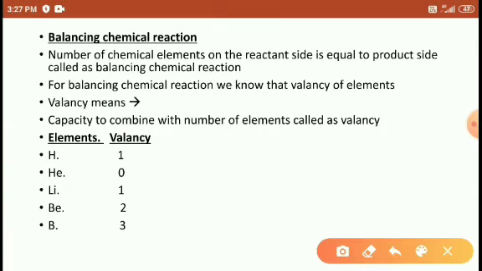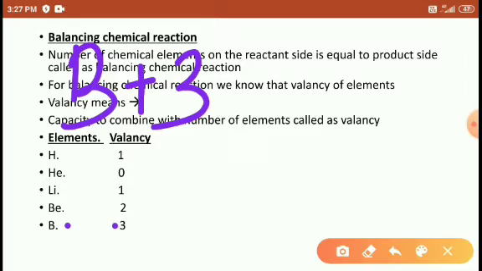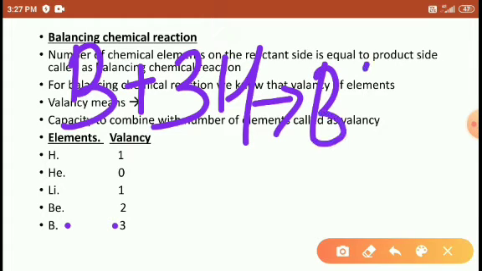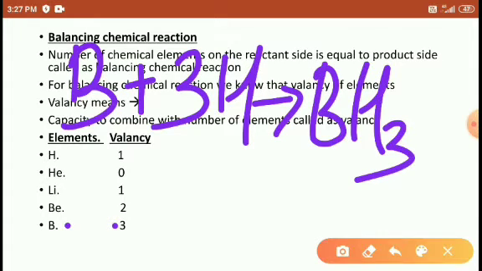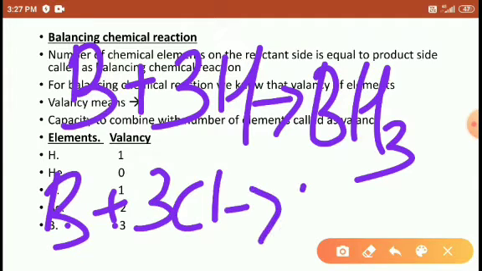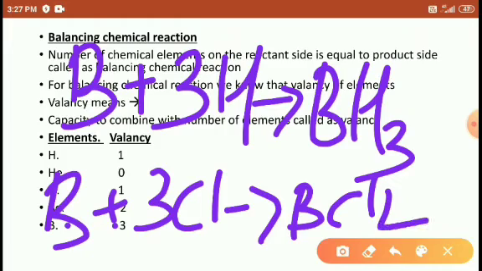Similarly, boron valency 3 means boron reacts with 3 species. One boron reacts with 3 hydrogen to form boron trihydride, and one boron reacts with 3 chlorine to form boron trichloride. This is 3. So like this, you have to understand the valency and their bonding.